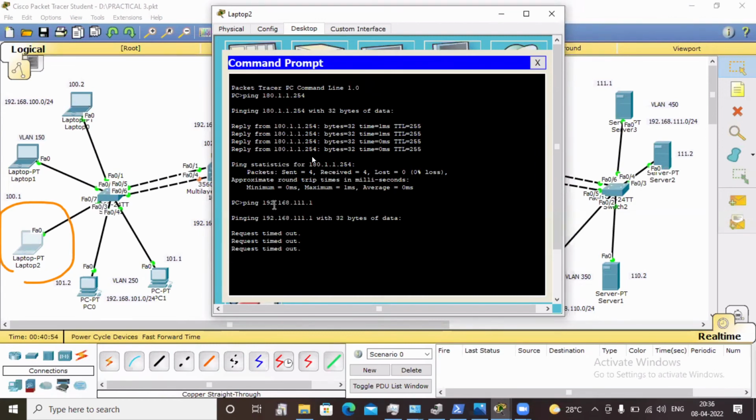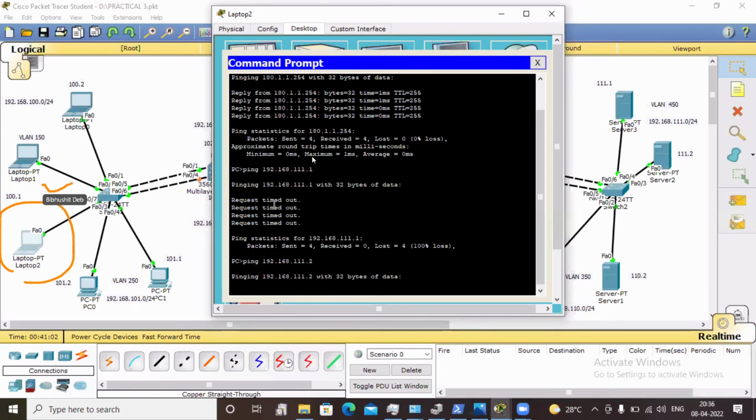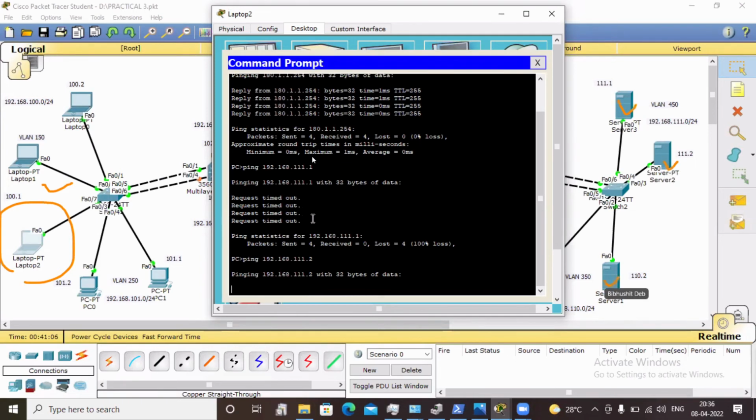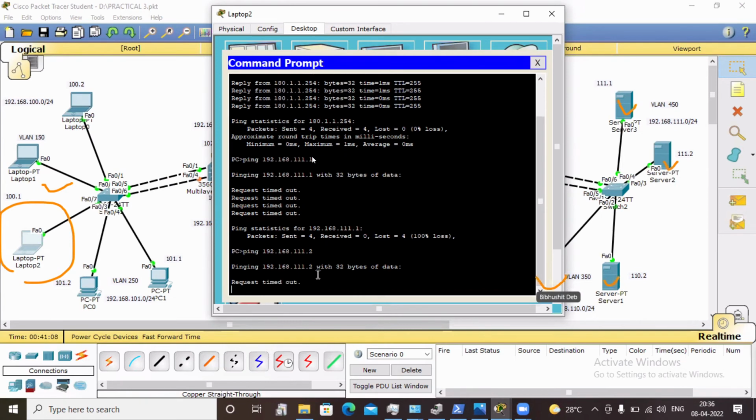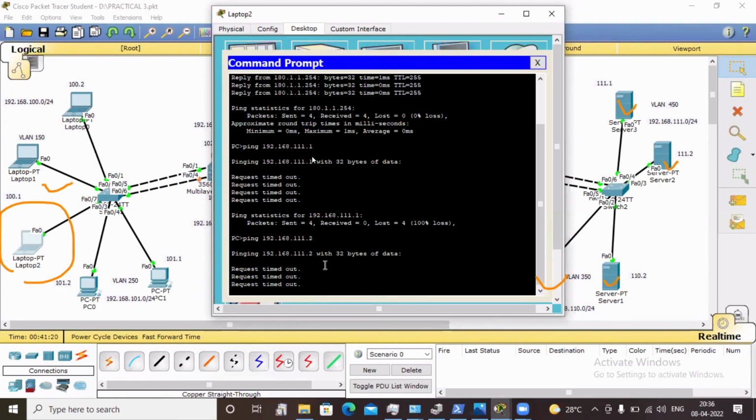Yes, Ashutosh. What is the issue? This admin VLAN is not able to communicate to these two servers. How do you find out the issue? Sir, from the switch as well.